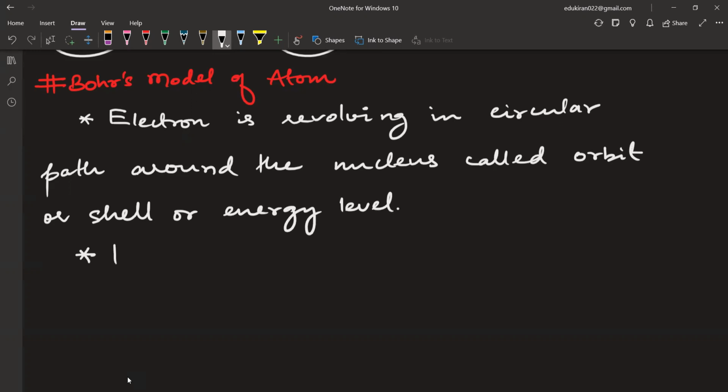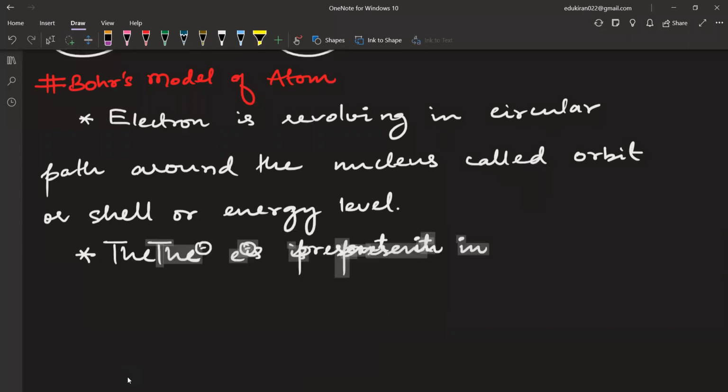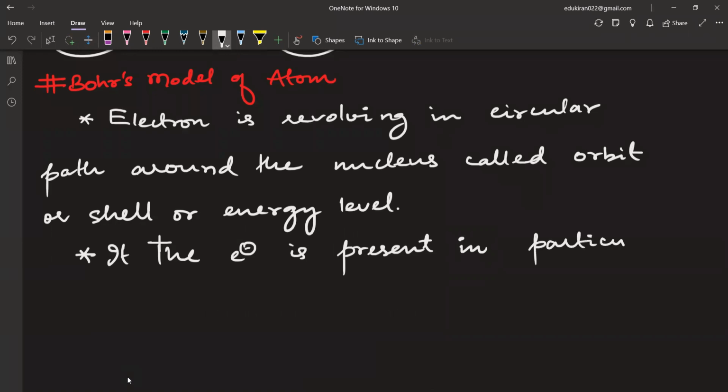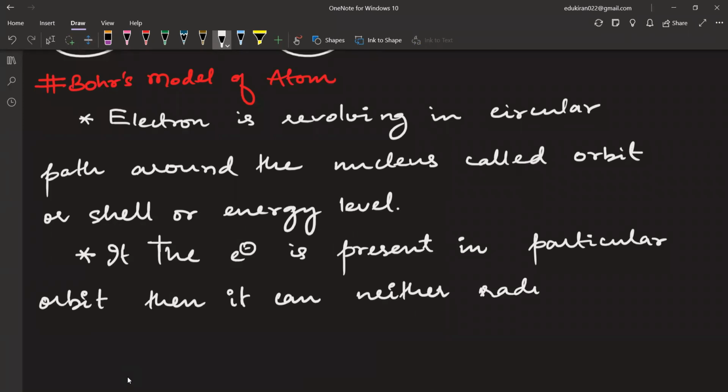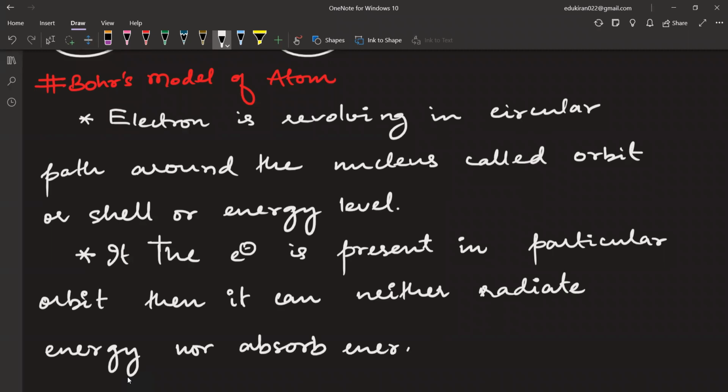Next, if the electron is present in a particular orbit, then it can neither radiate energy nor absorb energy.